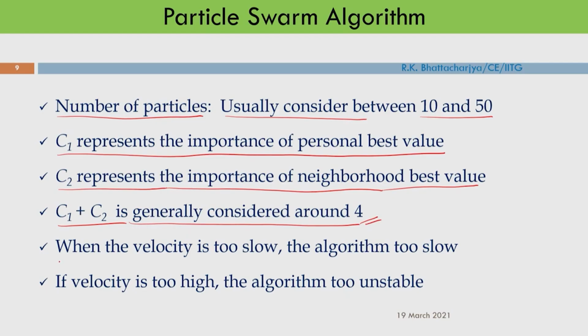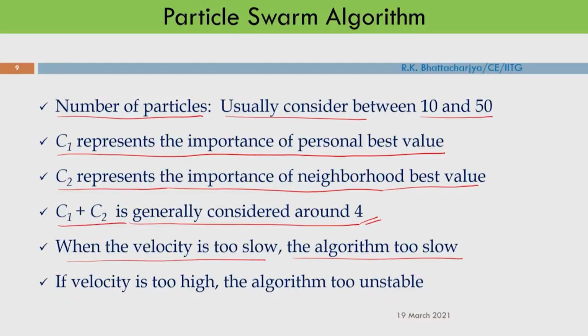When the velocity is too low, the algorithm is too slow. Velocity being low means you may need a lot of iterations to reach the optimal solution. On the other hand, if the velocity is too high, the algorithm will be unstable.